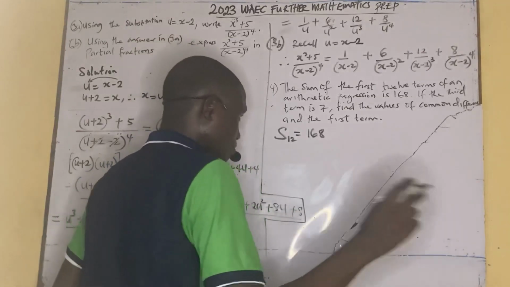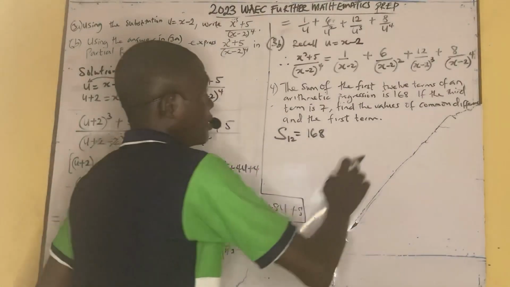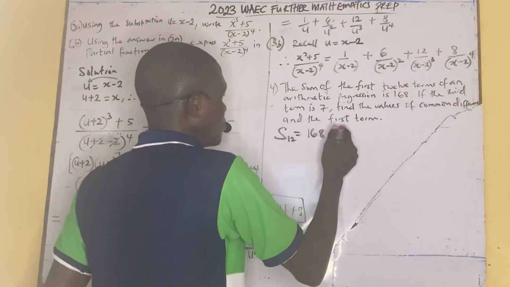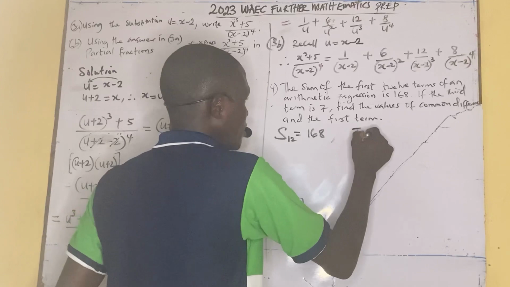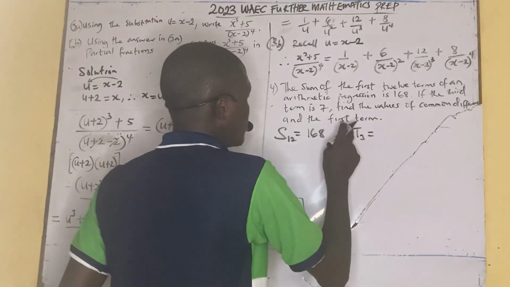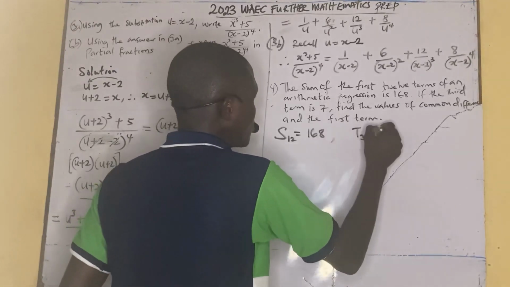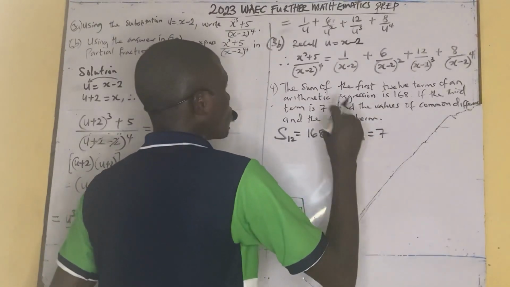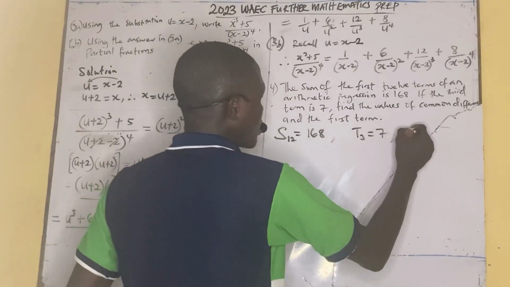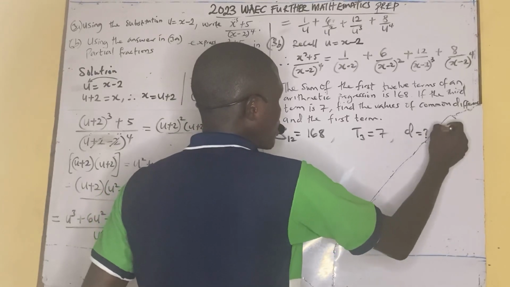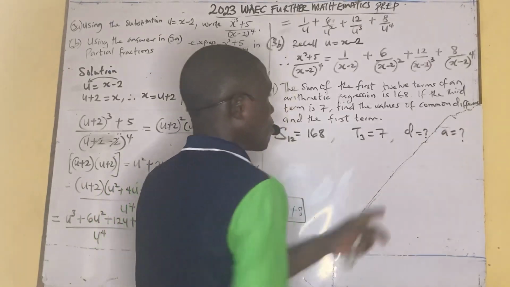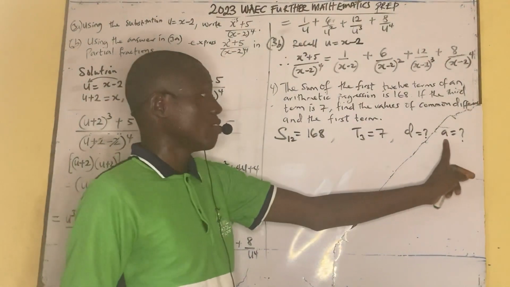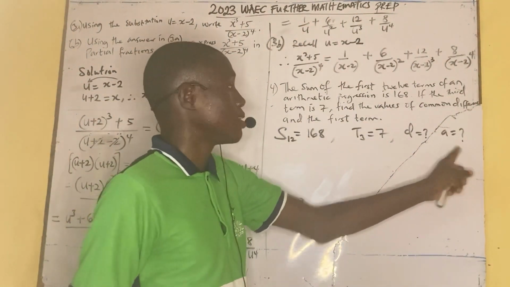Please note that we are dealing with an AP here. Now, if the third term T3 is 7, find the values of the common difference and the first term. Common difference is represented by d and the first term is represented by a.